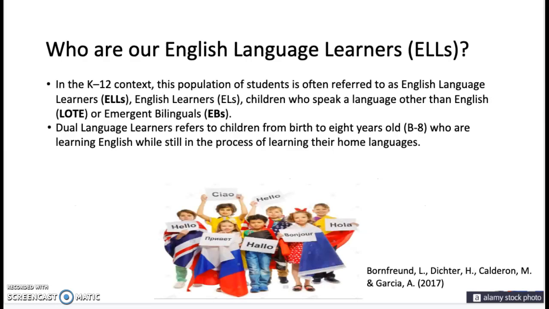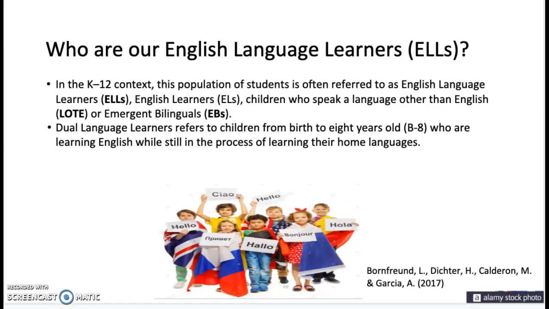So we've all probably heard the term English language learners, and that is going to be used in the K through 12 school settings to refer to students who have already developed their home language and are learning English as an additional language.